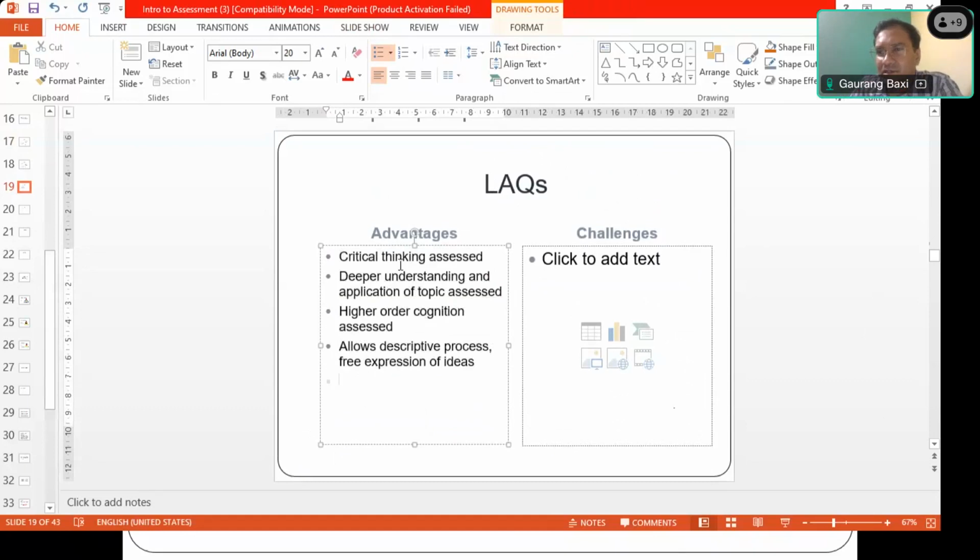Allowing the students a descriptive process or free expression of ideas. Is this an intended outcome of the curriculum? Because most of the questions are usually describe something, describe the process, or describe the procedure. So if it is describing a procedure, what should the emphasis be? Should it be about the process and the procedure, or should it be about the ability of the student to freely express his ideas and describe the process?